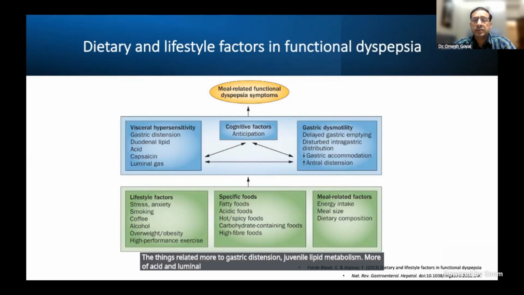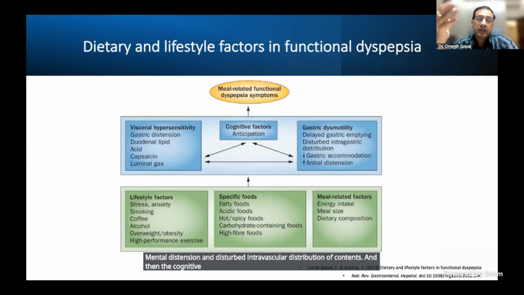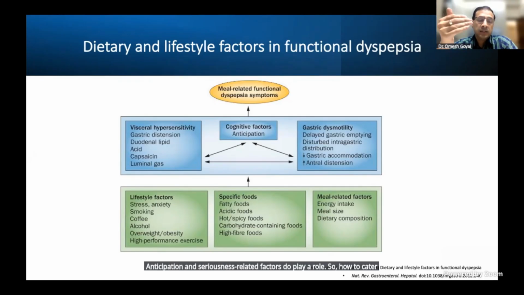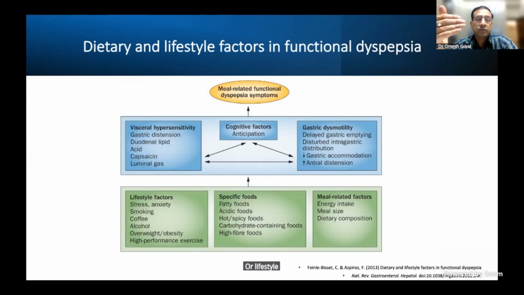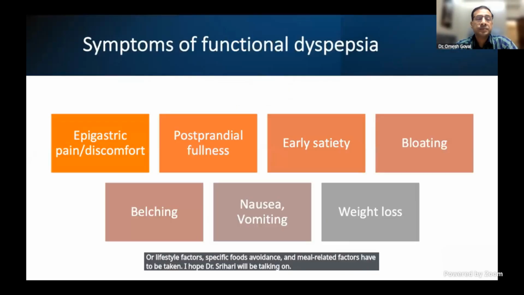They may be causing symptoms. Gastric dysmotility, I've already talked about in the last slide, accommodation defect, enteral distension, and disturbed intragastric distribution of contents. And then the cognitive factors, anticipation, and CNS related factors do play a role. How to cater to these factors are lifestyle factors, specific food avoidance, and meal related factors have to be taken. I hope Dr. Srihari will be talking on these aspects.